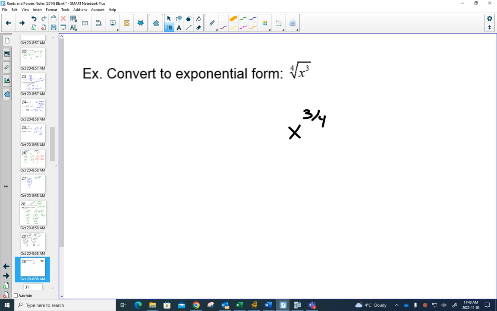If you wanted to take an extra step, the 4th root is a 1/4. You would have 1/4 to what's inside, and then you would use your exponent rule that says an exponent to an exponent, I multiply. Have to know our rule for multiplying fractions. How do I multiply fractions? I multiply the tops, I multiply the bottoms. 3 times 1 is 3, 1 times 4 is 4.